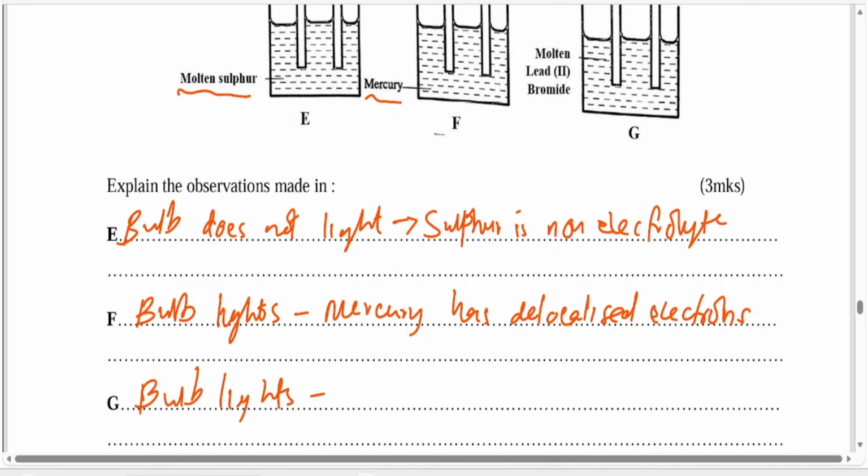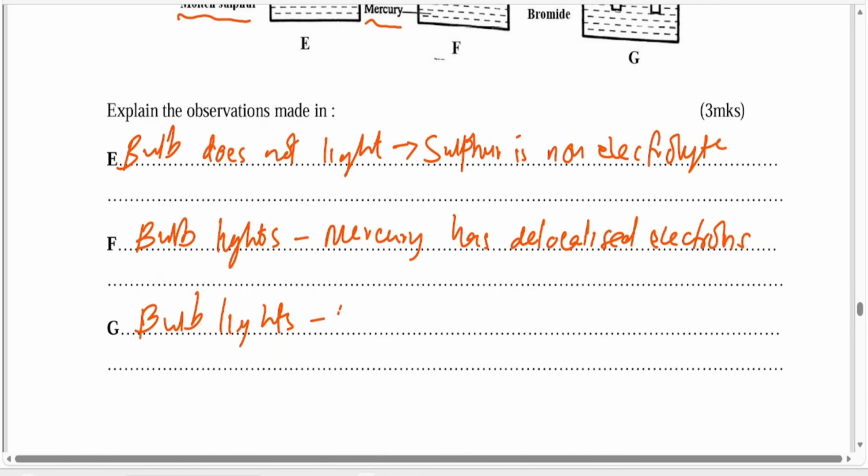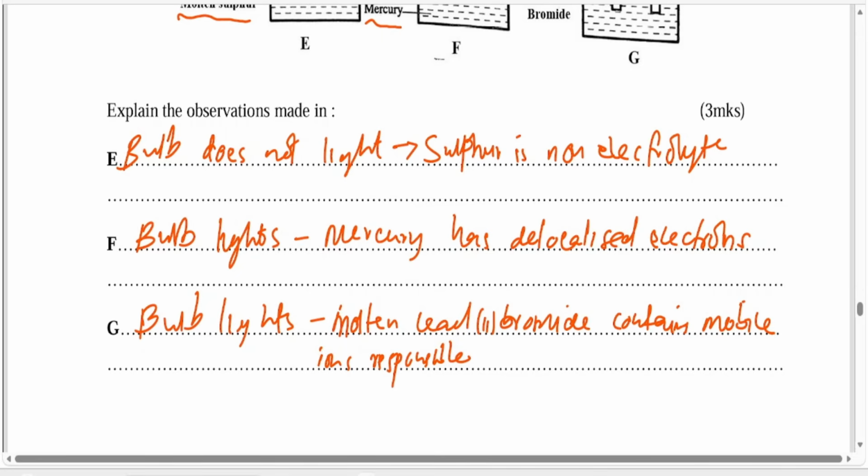The reason here is that molten lead II bromide contains mobile ions responsible for electrical conductivity.